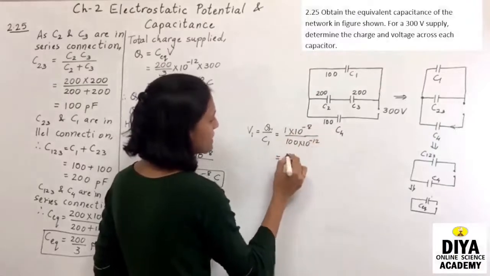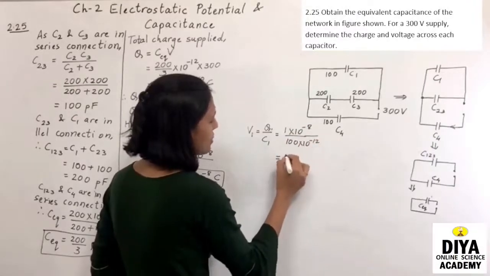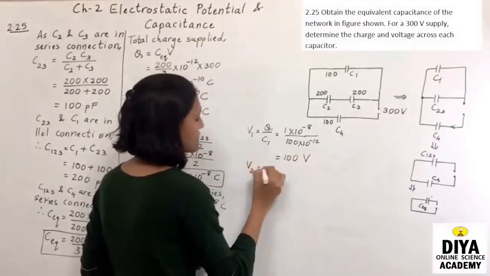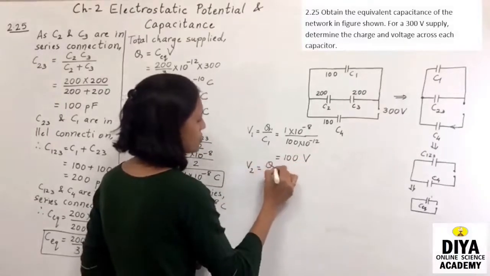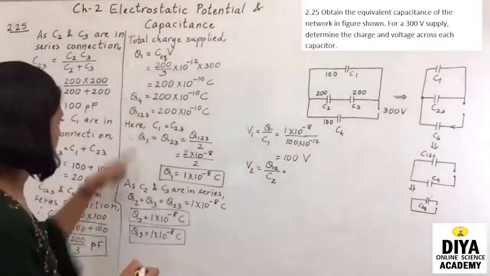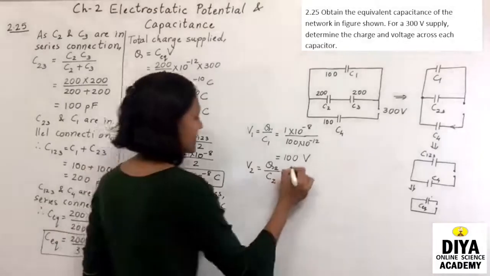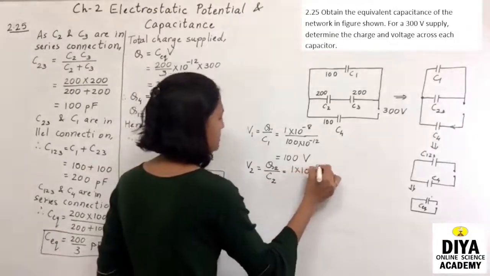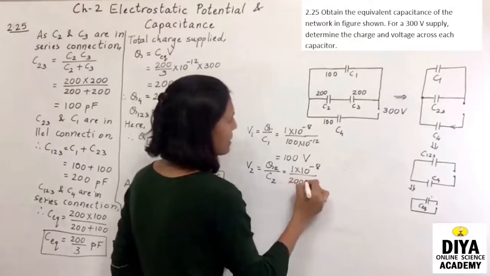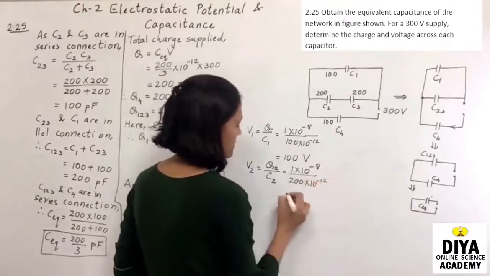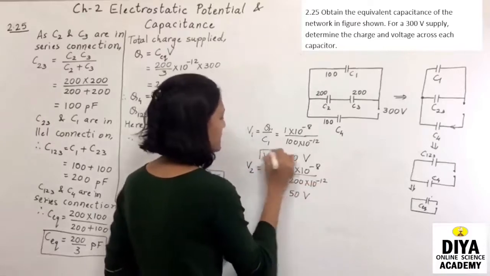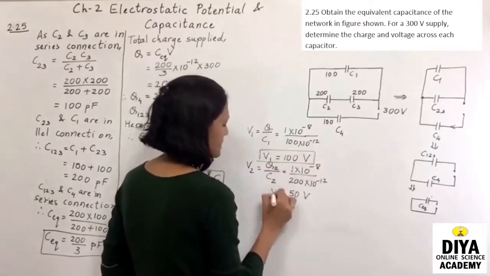So that will be equal to 100 volt. V2 equals Q2 by C2. Q2 equals 1 into 10⁻⁸ upon C2. C2 is 200 into 10⁻¹². So that will be 50 volt. V1 is 100, V2 is 50.